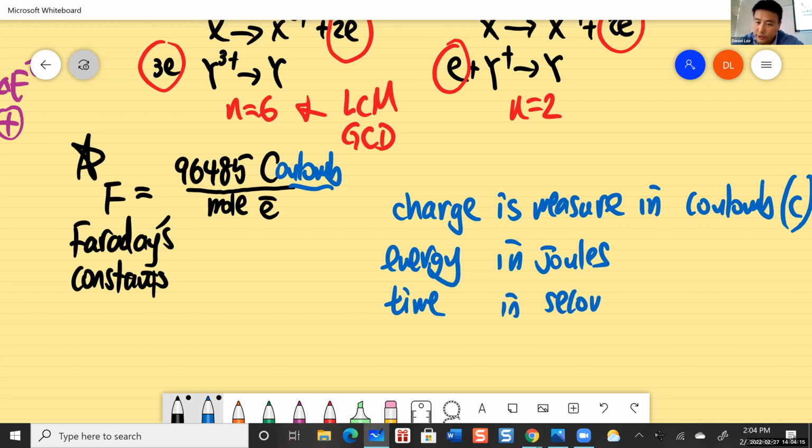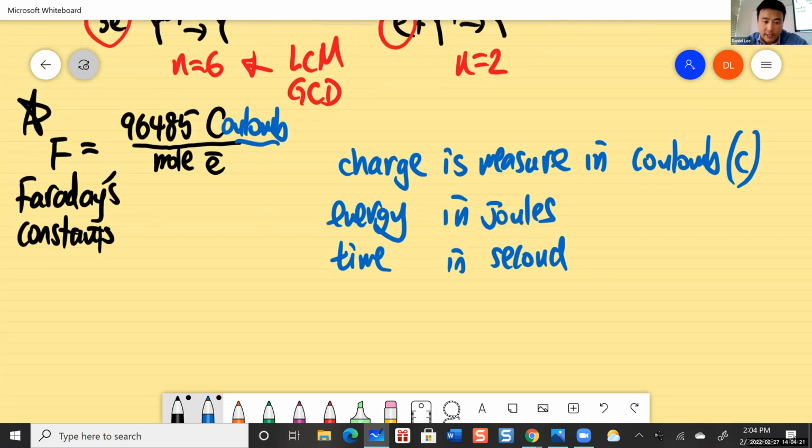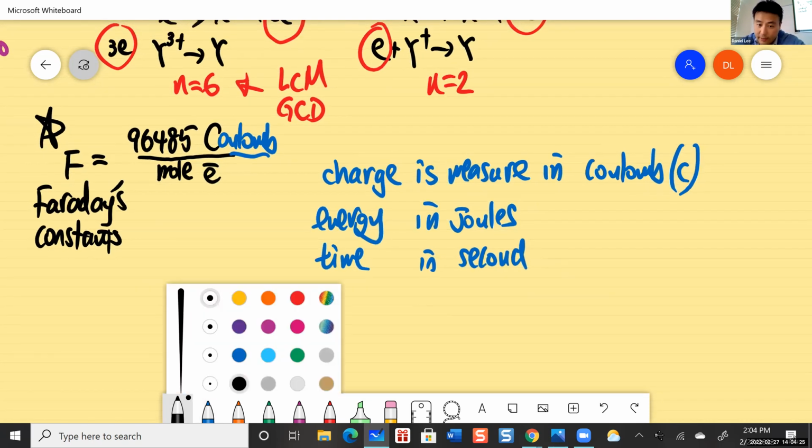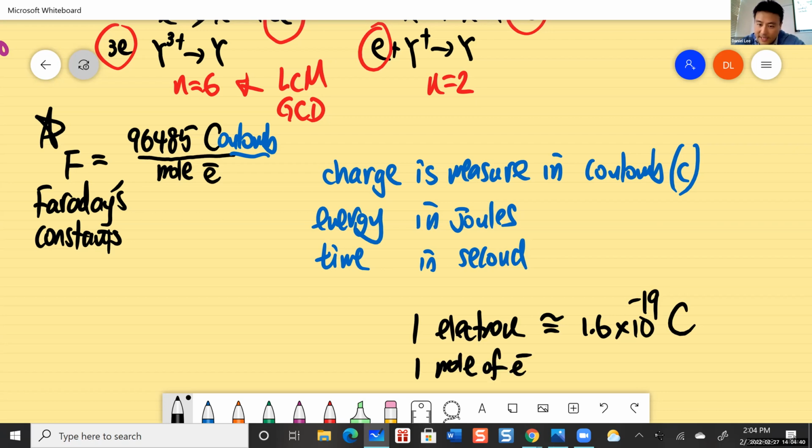We don't usually use the unit for charge. We just talk about electrons. So what does it have to do with electrons? Well, electrons carry charge. One single electron carries a fraction of charge, about 1.6 times 10 to the negative 19 coulombs. So 1 mole of electrons carries about 96,485 coulombs.